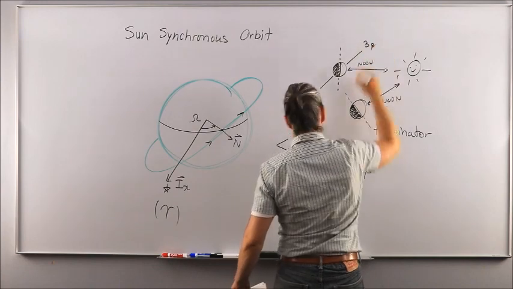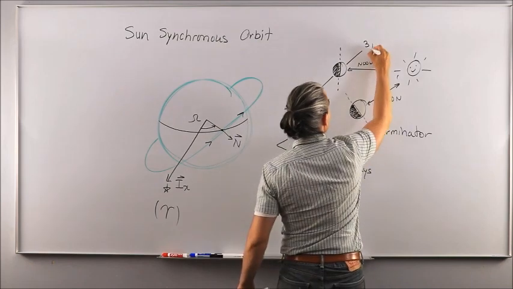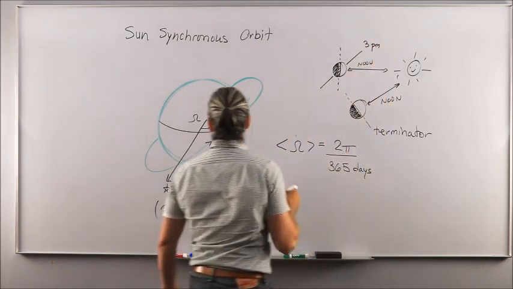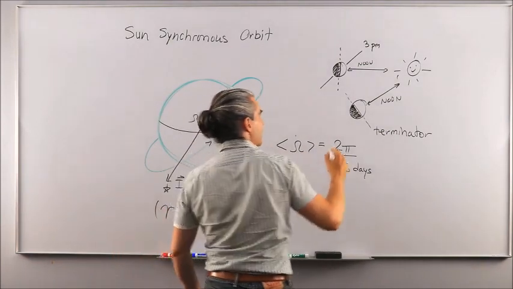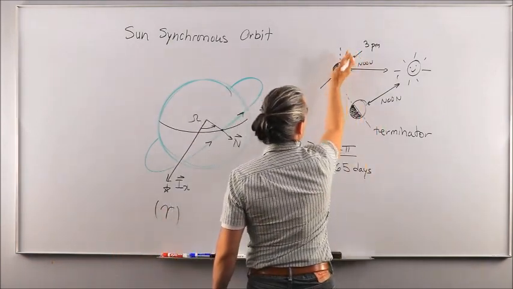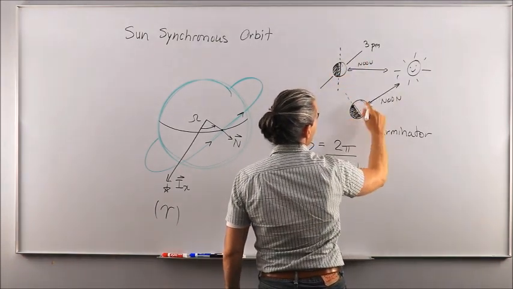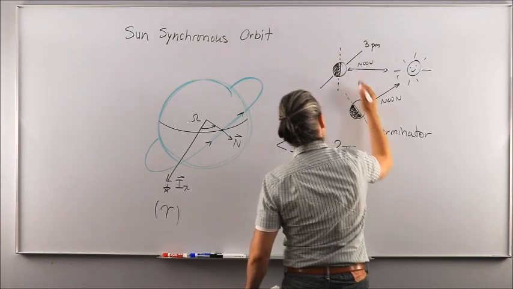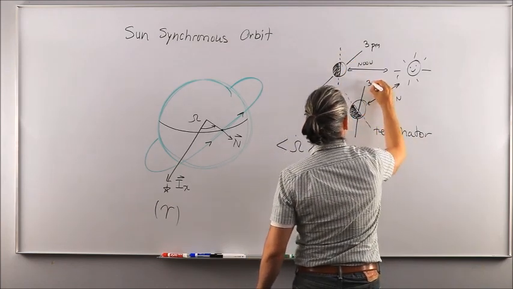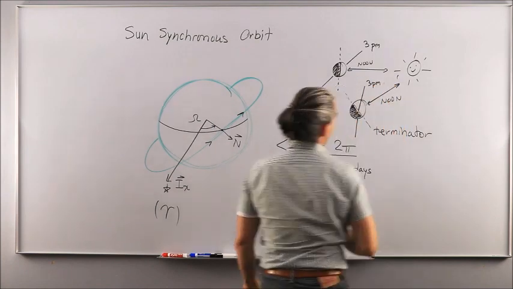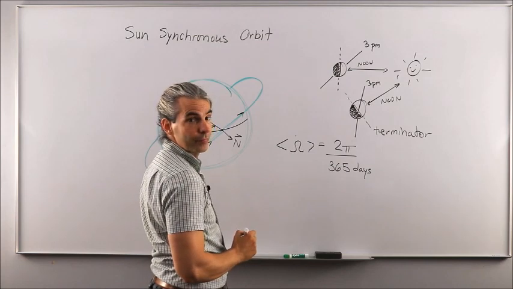But if you want to maintain a 3 p.m. local time of ascending node through the careful selection of the orbital elements with which you can calculate that and end up with a specific value, means that instead of having 3 p.m. here and keeping the same orbit and boom, ending up at noon here, then the orbit would shift such that you always maintain a 3 p.m. local time of ascending node. Okay?